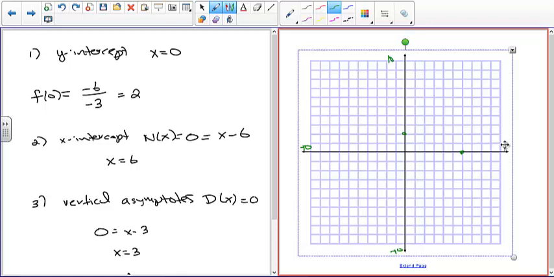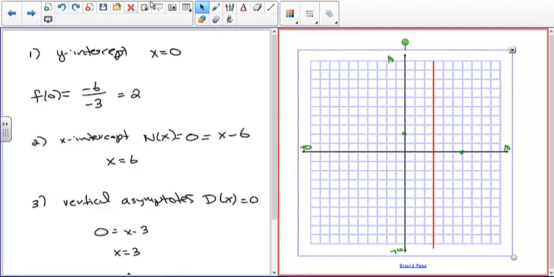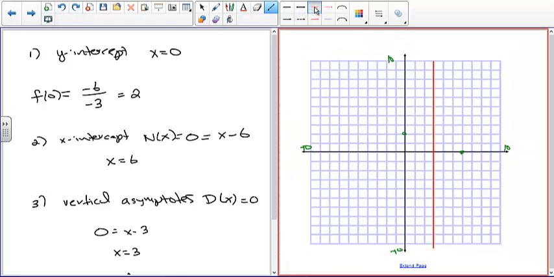Since this is a bonus here, I'm not going to put all the numbers in. Then we have a vertical asymptote x equals 3 and a horizontal asymptote of 1. So I'm going to draw that out here.